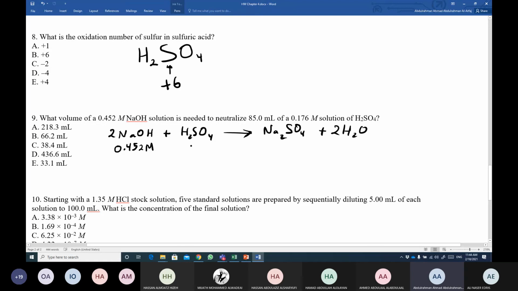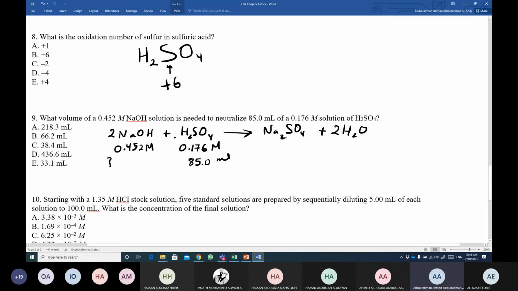And this one is 0.176 molar. What's the volume of H2SO4? 85 milliliter. Good. And I want to know what's the volume that's needed here.